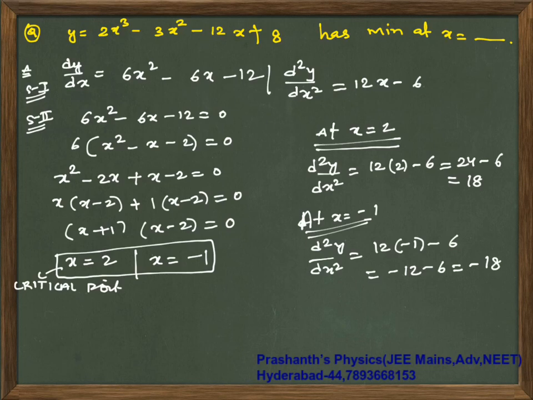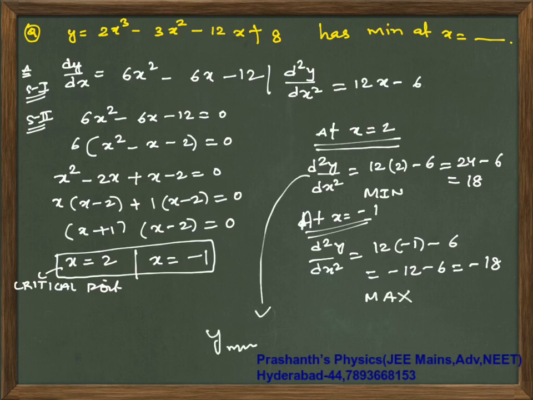So at plus 18 you will have a minimum, at minus 18 you will have a maximum.